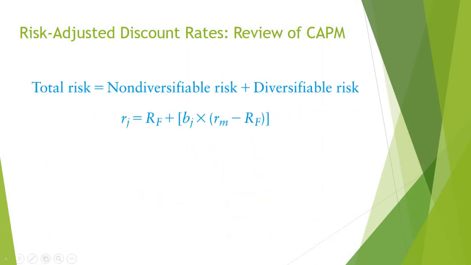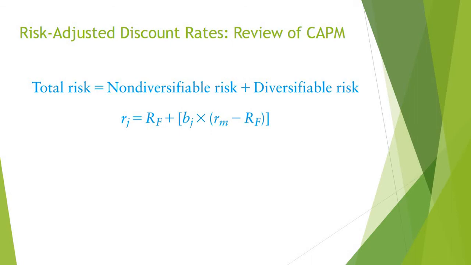Now let's review the capital asset pricing model. We know that total risk is equal to non-diversifiable risk plus diversifiable risk. In case of investment, we only consider non-diversifiable risks because diversifiable risks can be eliminated through diversification of investment.